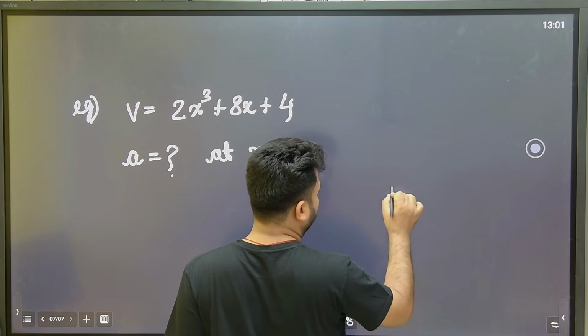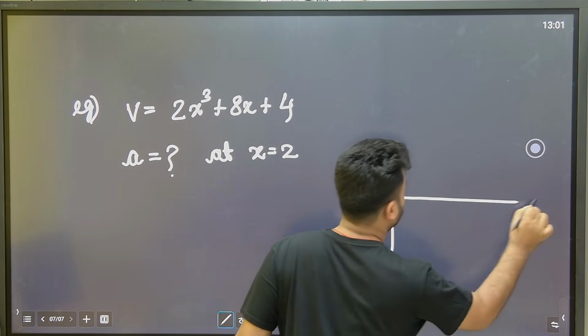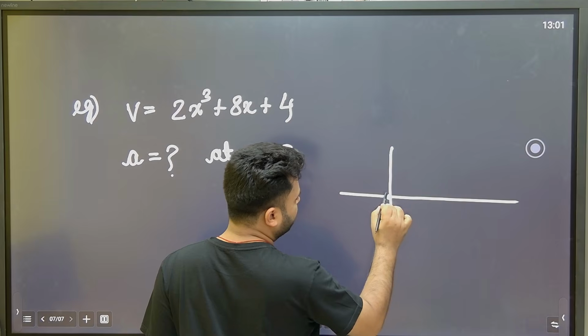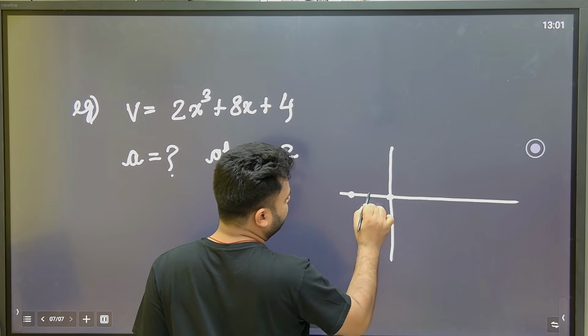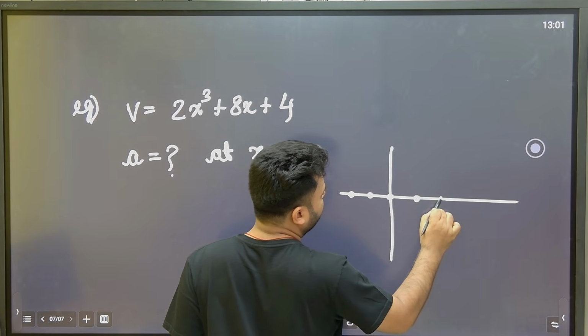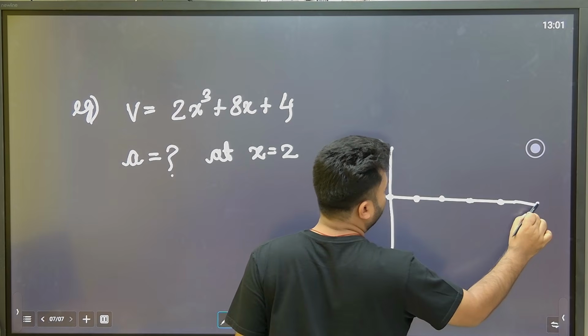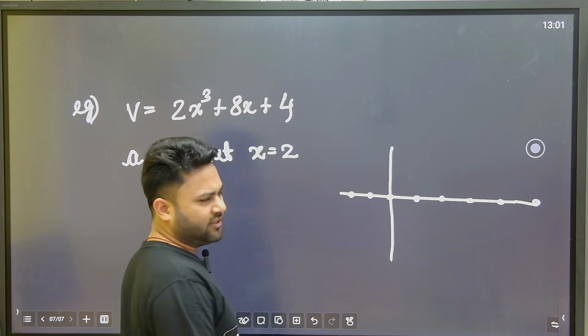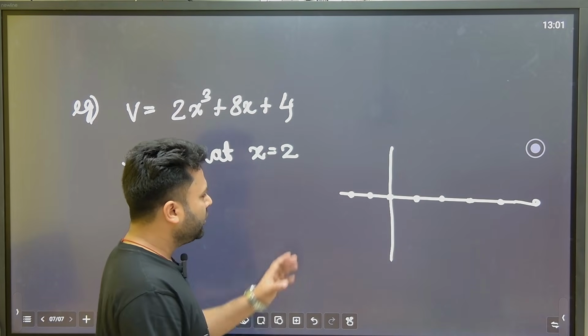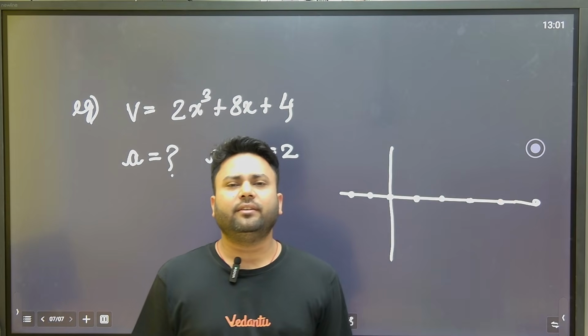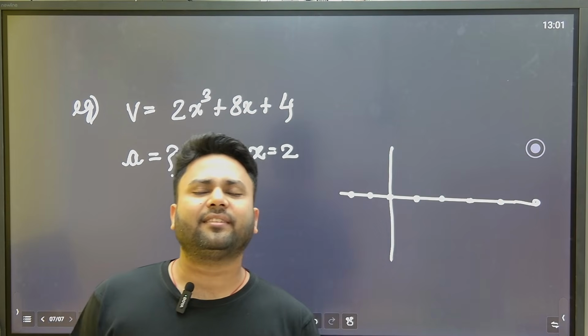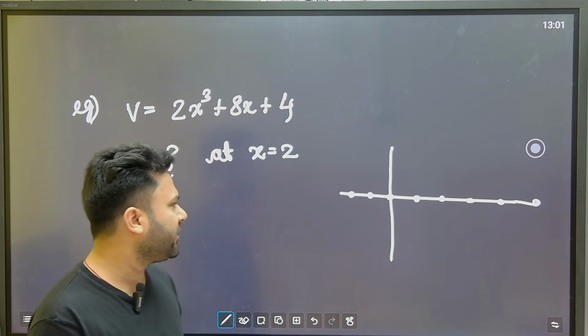Suppose, what is the scenario? That there is one object which is moving. Suppose it is traveling. For example, I am saying like this. Okay. This is just one example. So at different locations, different acceleration it is having.